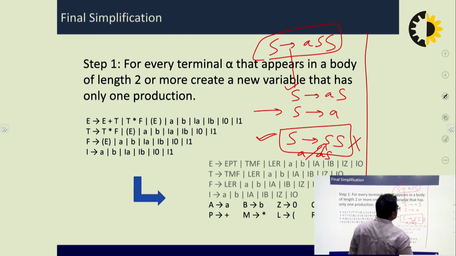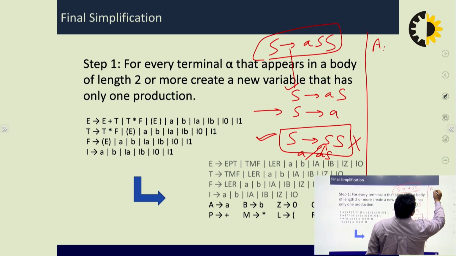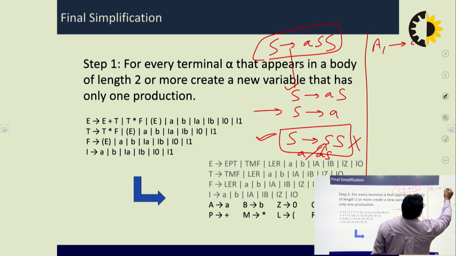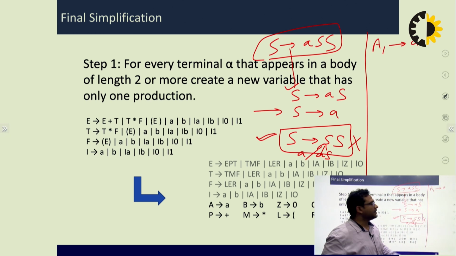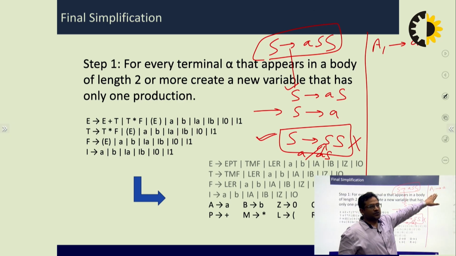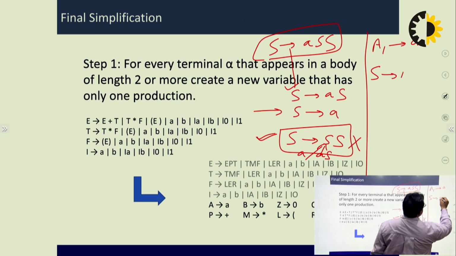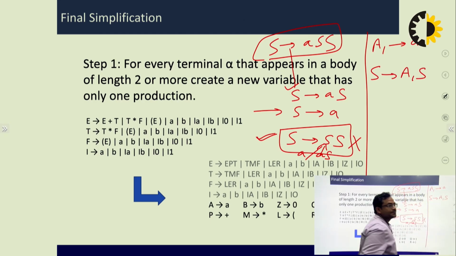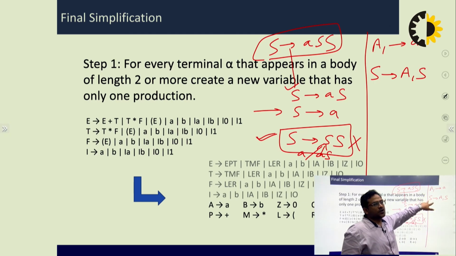There is a golden rule. You have to assume a non-generating symbol equivalent to a generating symbol, that is A only. This is the production which I am going to assume, right? So what is updated in this production? S tends to A1S. So you can see this production is converted into a Chomsky normal form, right?